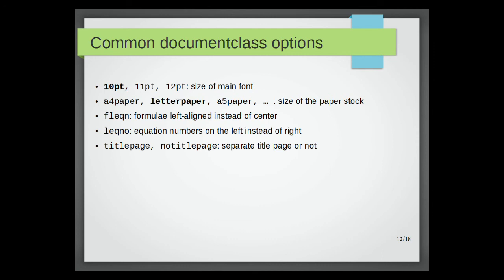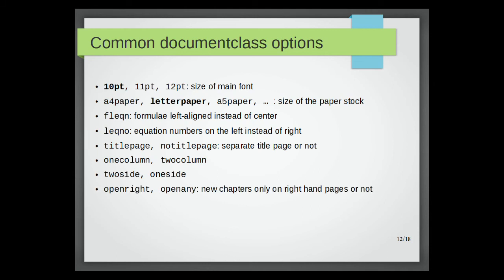Some classes like book have a separate title page, whereas other classes such as article have no dedicated title page. One column or two column, which are fairly self-explanatory, as are two side and one side. Then we have open right and open any, which are used to decide whether chapters should be started only on right-hand pages or also on left-hand pages.